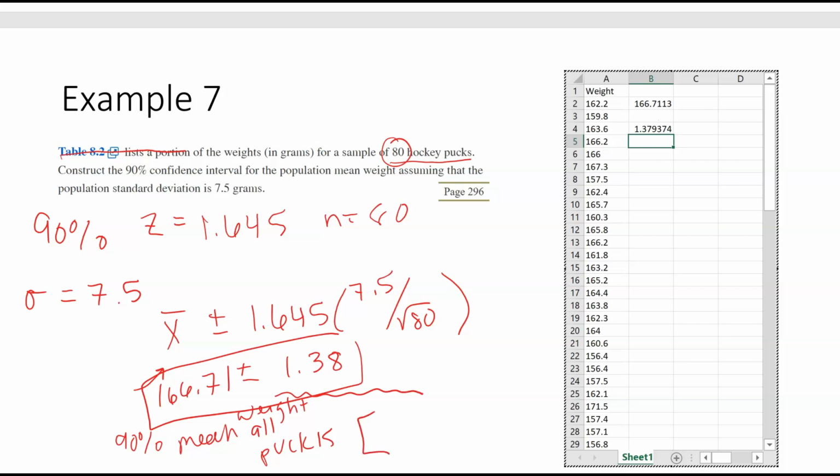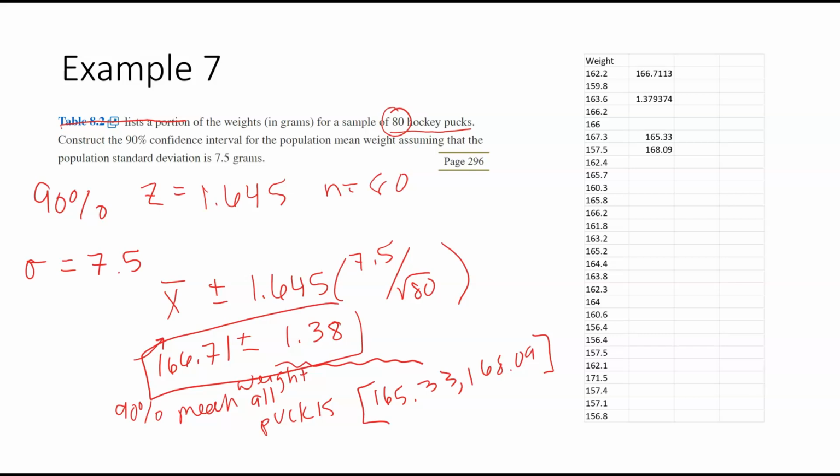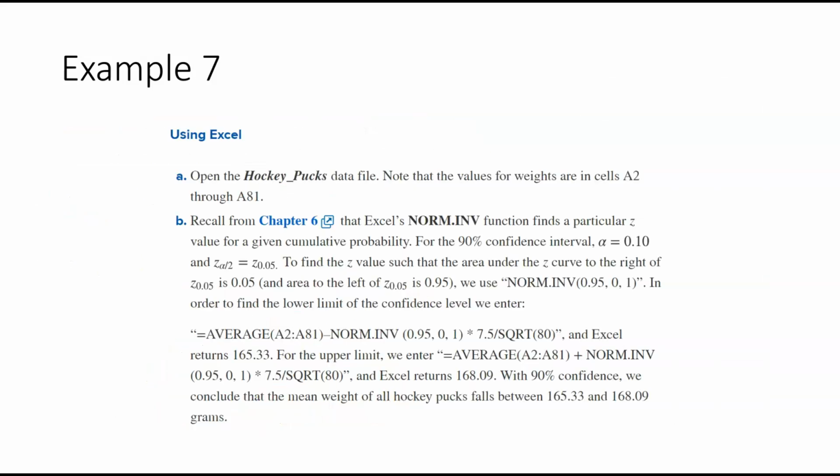We've got our average, 166.71 minus 1.38, which is 165.33, and 166.71 plus 1.38, which is 168.09. We're 90% confident that the mean weight of all pucks falls between those two values. And if you want to read it, there you go.